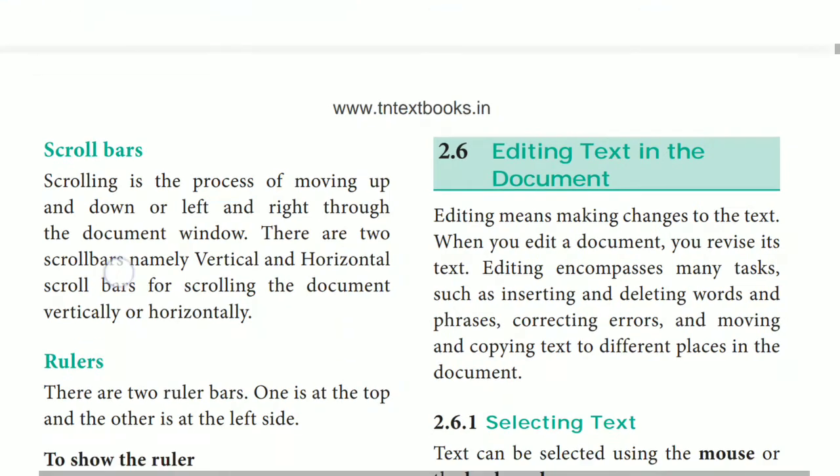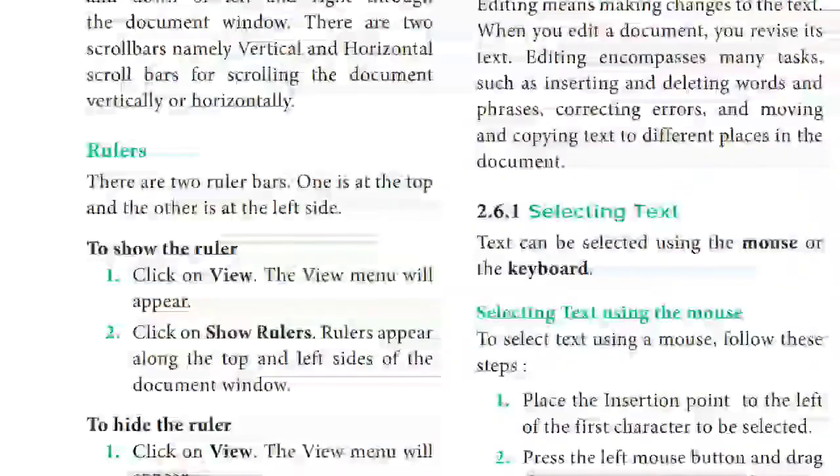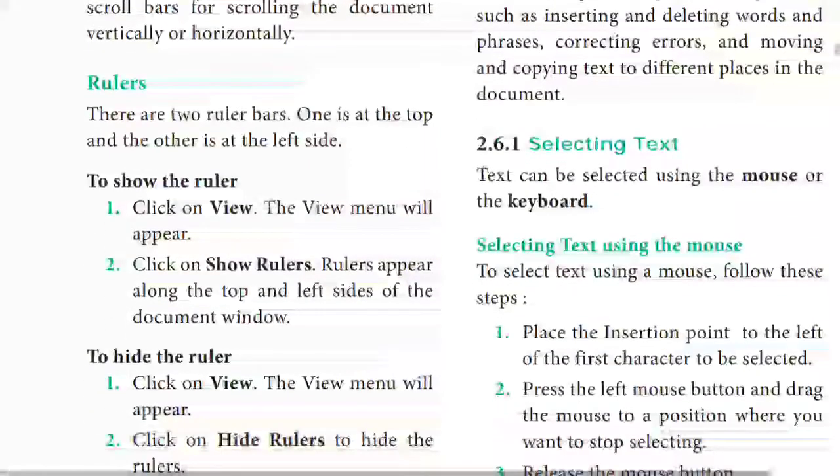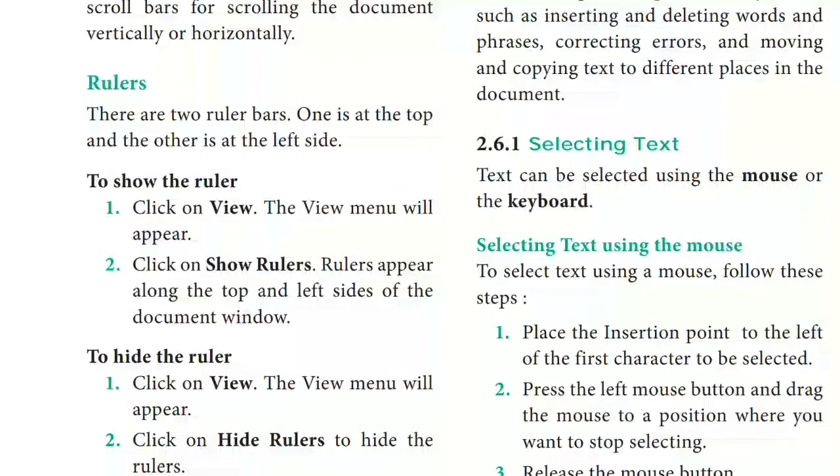Next is ruler. Here also you can see that there are two types of ruler: a vertical ruler and a horizontal ruler. Both rulers are used to measure, pinpoint, locate, or place an object at a particular measurement.